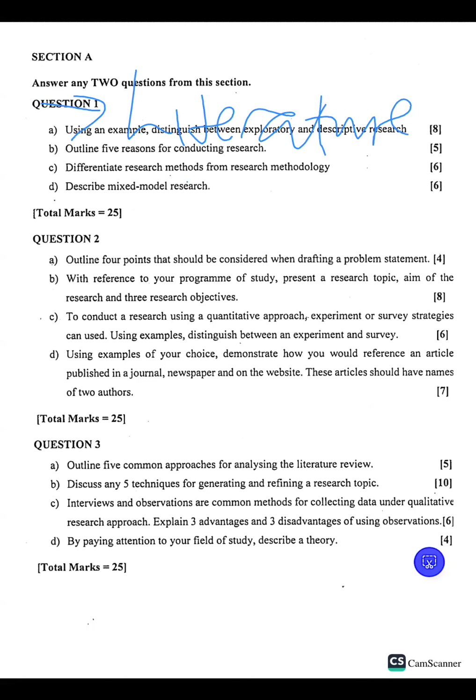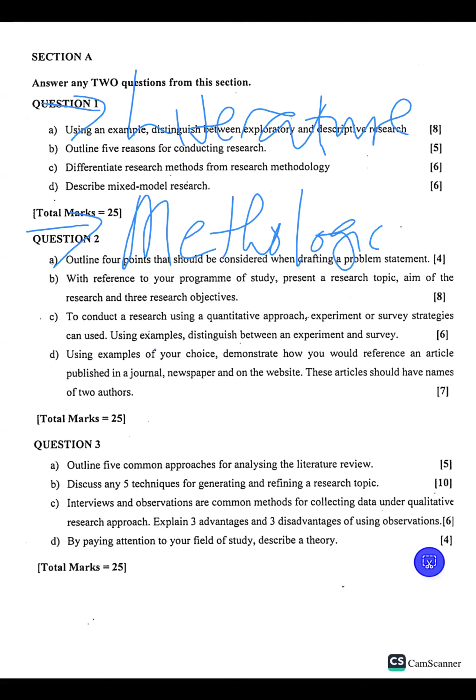Two, how is your study going to contribute? Your study is going to contribute to methodology, a methodological contribution, or maybe to theory, right? Are you going to add to the methodology?